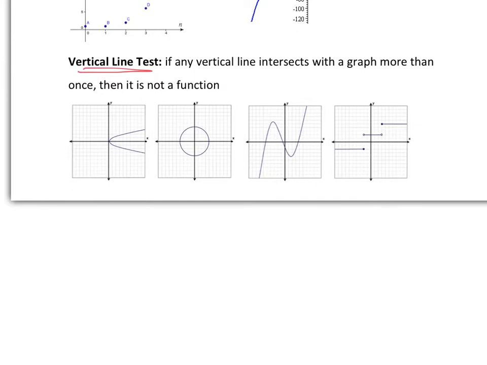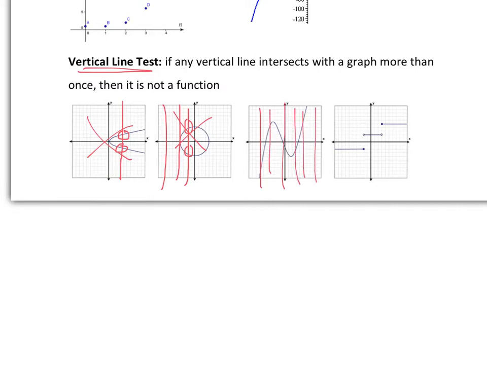So for this first one, if you draw that vertical line right there, you're going to hit the function twice. Since you hit that function twice, this is not a function. Same for this one. This line's good, that line's good, but once you get here, you hit it twice, so not a function. This third one is good all over the place, so it is a function.